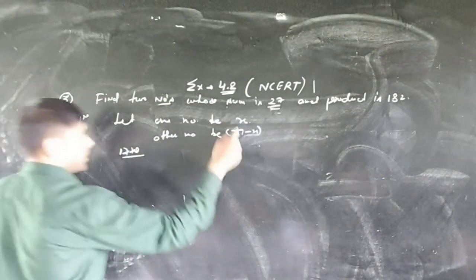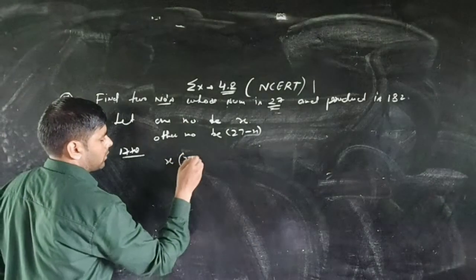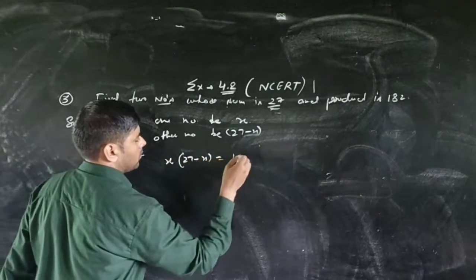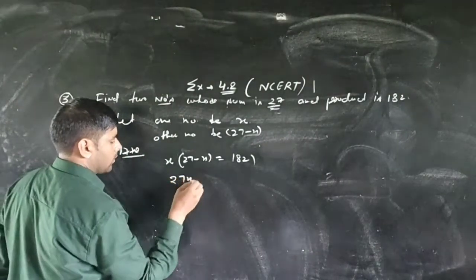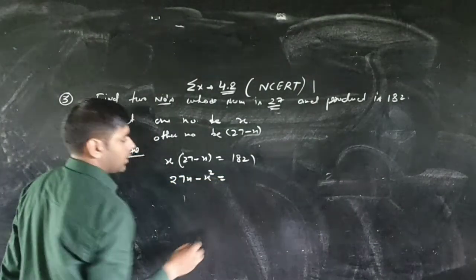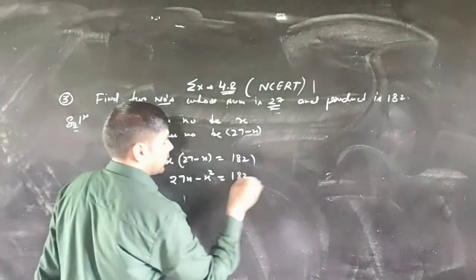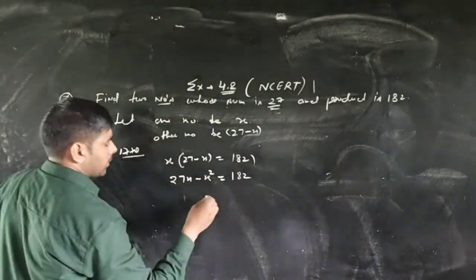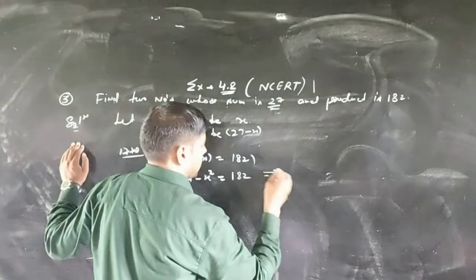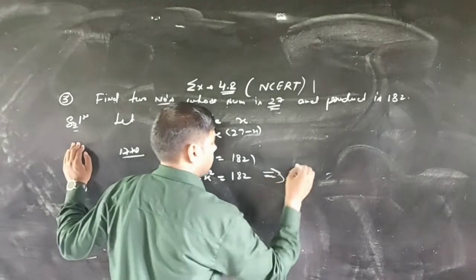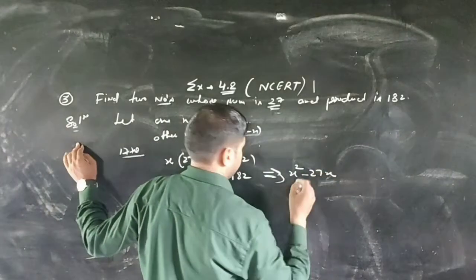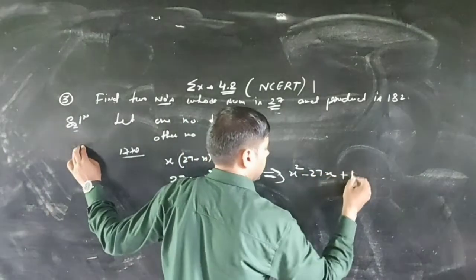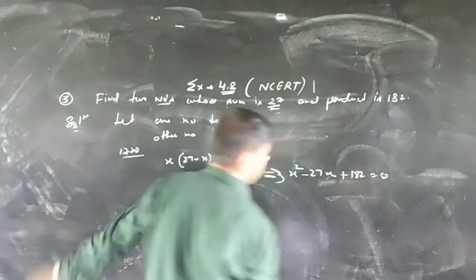The product of this and this, x into 27 minus x, is equal to 182. Multiplying, 27x minus x square is equal to 182, or you can write this as x square minus 27x plus 182 equal to 0.